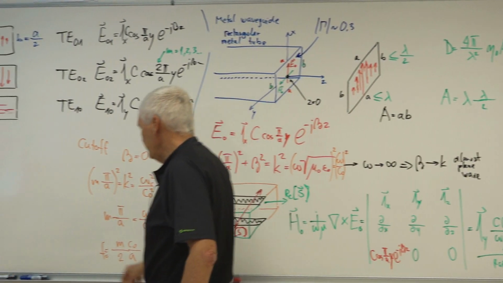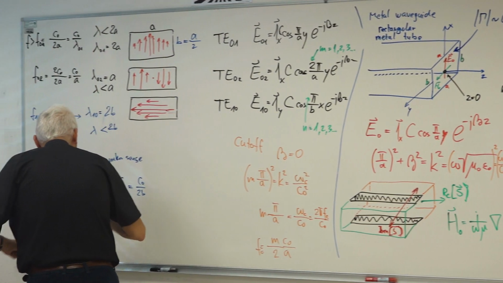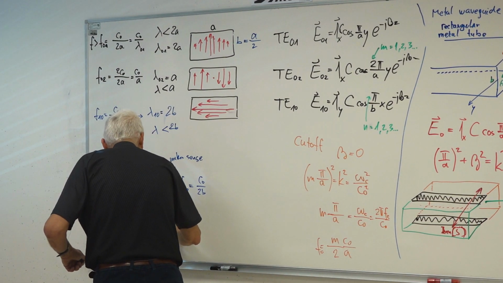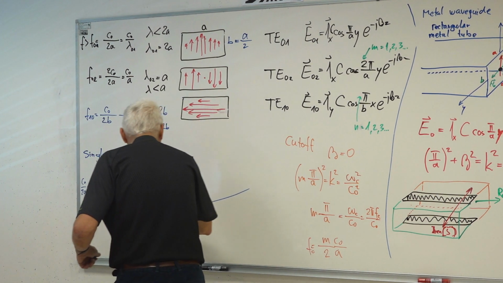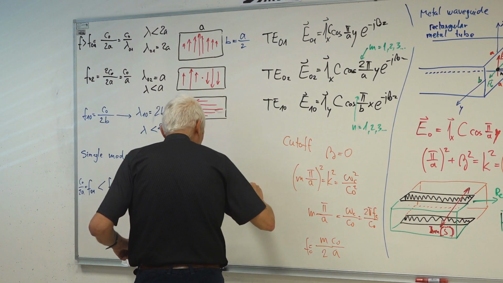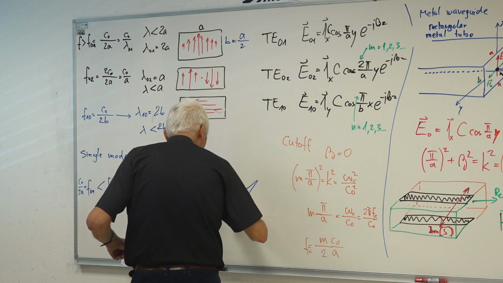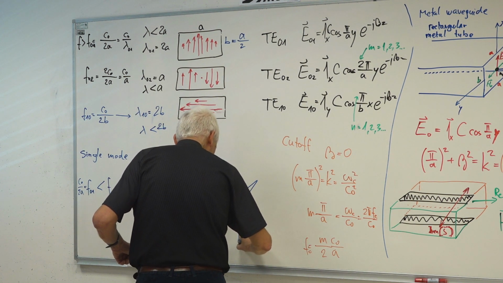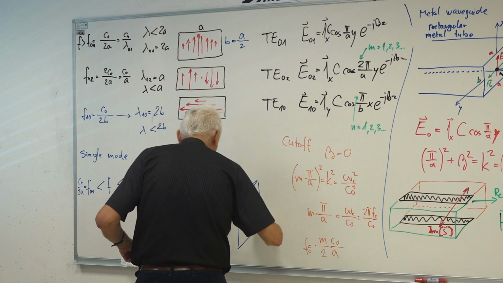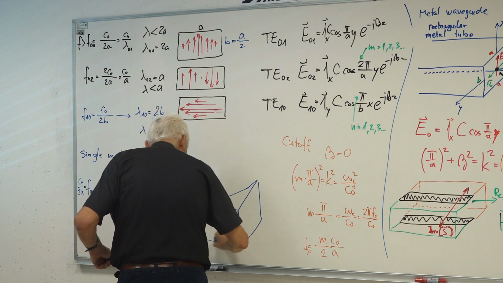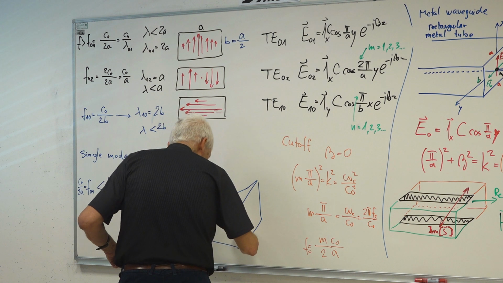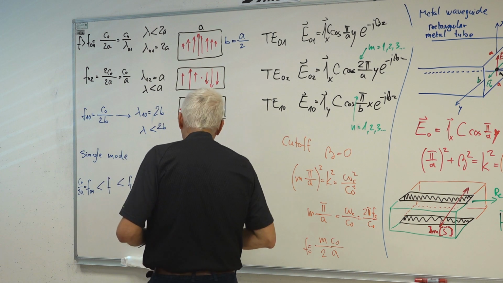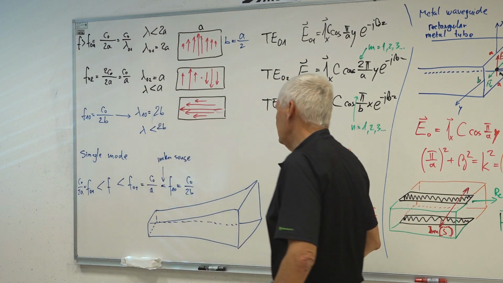I'm going to take this initial waveguide I had here, and I'm going to gradually increase the size of this aperture to get a much larger aperture here. So if this transition is smooth, I avoid generating higher order modes.